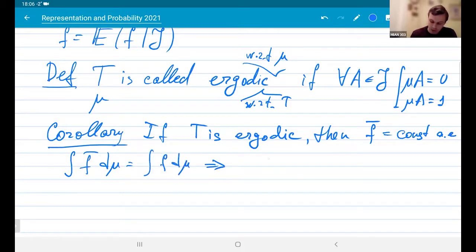So this constant is just the space average of our function f, the integral over all X of f d mu.